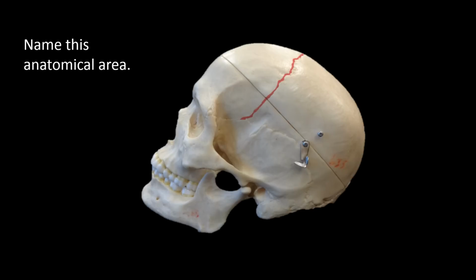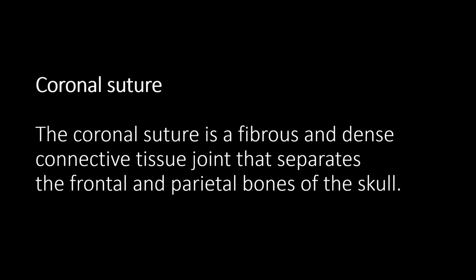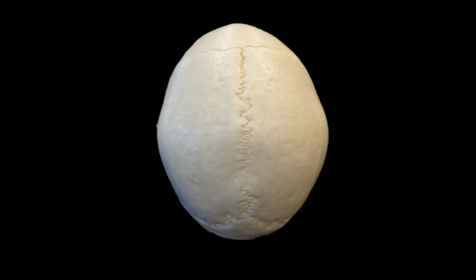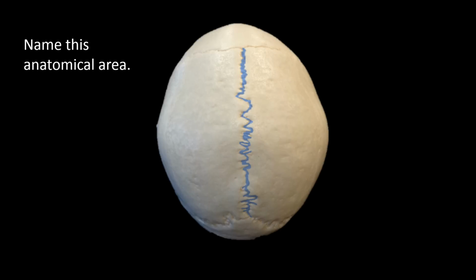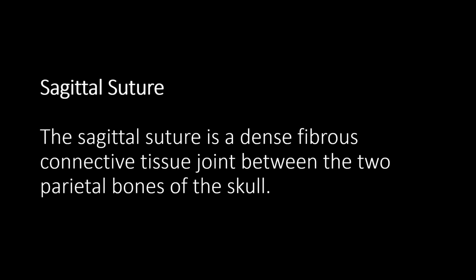Name this anatomical area. Coronal suture. The coronal suture is a fibrous and dense connective tissue joint that separates the frontal and parietal bones of the skull. Name this anatomical area. Sagittal suture.